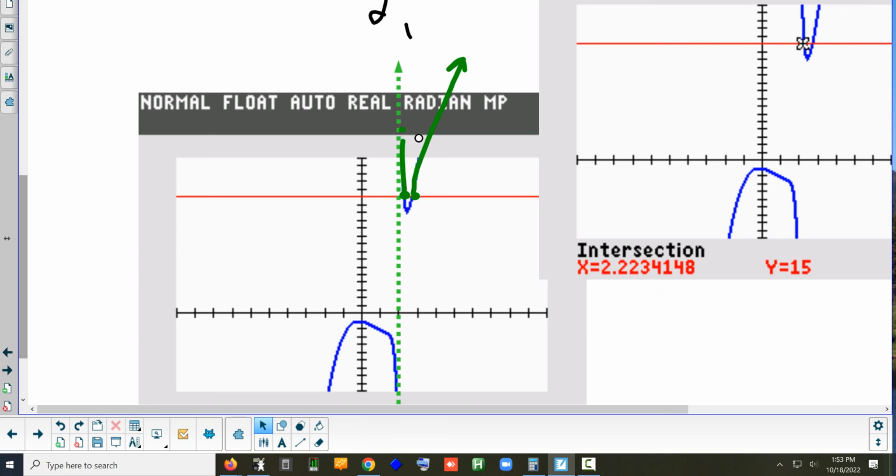Let me get rid of this so you can see it better again. That's as far to the right as I can go in that section, 2.22. How far to the left is that line going to go? It doesn't keep going to the left forever because it runs into that vertical asymptote.